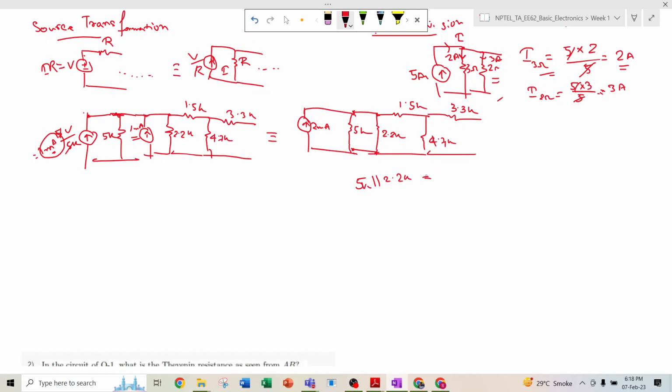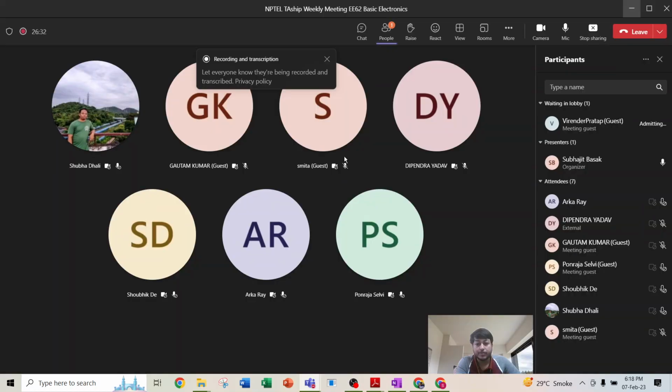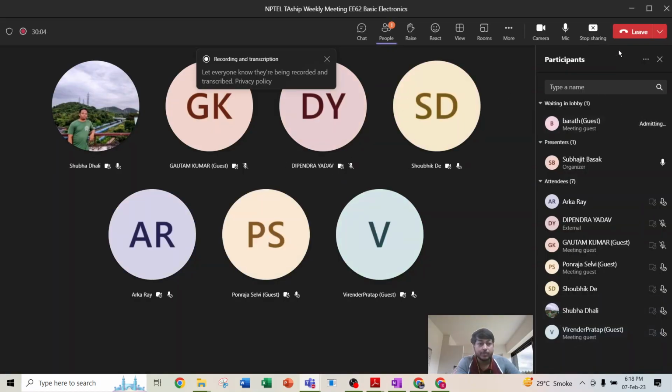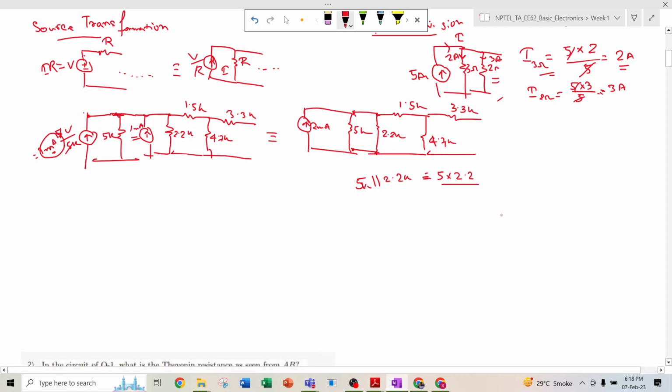So the equivalent resistance will be 5 into 2.2 divided by 5 plus 2.2. I hope that everyone has a scientific calculator.